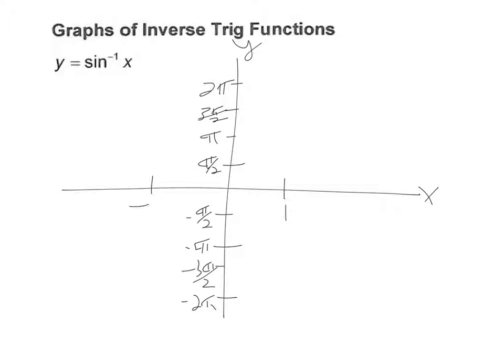Now those are on the x-axis. We know that sine starts at 0, 0. That's still going to be true. And we know when we went to the right, we went up. That's still going to be true. 1 and pi over 2 go together. Then it crosses, below, and crosses.